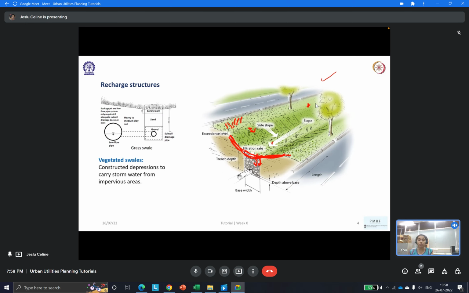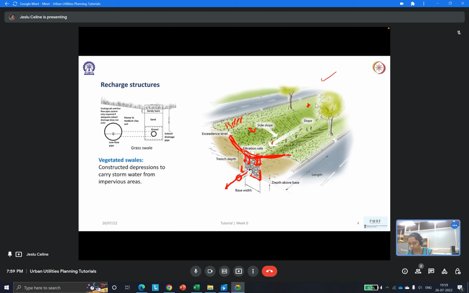The advantage is that it filters the water going down, and it also increases the time the water takes to go down, so that it gives adequate time for the groundwater recharge structure to hold groundwater. In case the capacity of the groundwater recharge structure is not adequate to capture all the water coming through this swale, we also have certain pipes which will take this water to a nearby water body or nearby pipe.